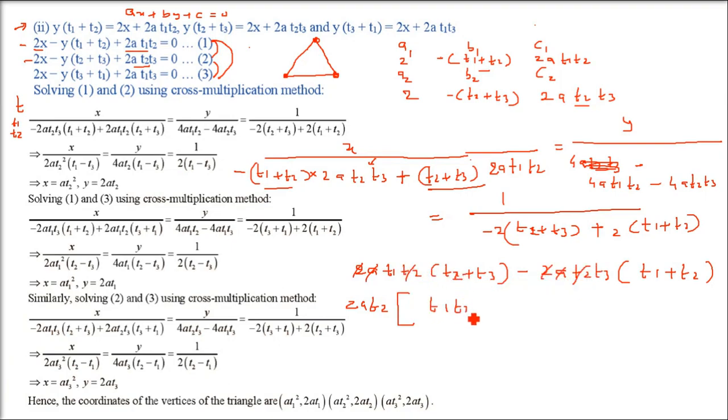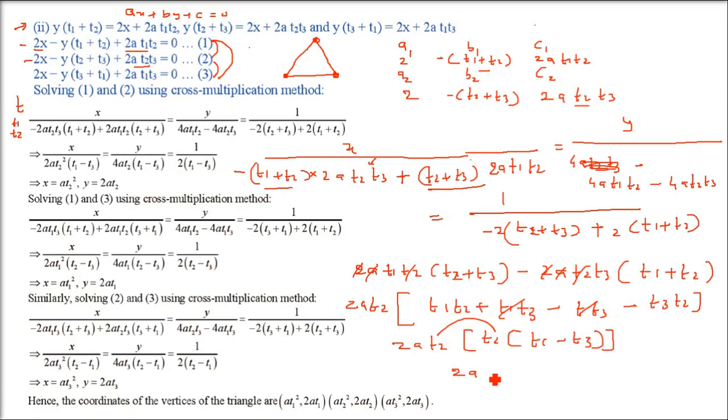So we get inside T1 T2 plus T1 T3 minus T1 T3 and minus T3 T2. So this T1 T3, T1 T3 you can cancel. So you are left with T1 T2 minus T3 T2, and we can see that T2 is common to both of these. So T2 you can take common and you get T1 minus T3. So we have T2 is already there, so 2a T2 square and then T1 minus T3.